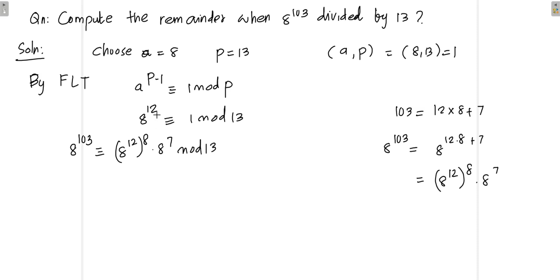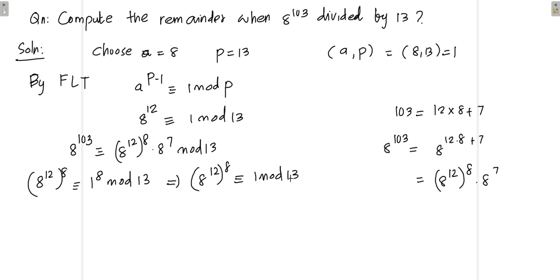Now 8 raised to 12 is actually congruent to 1 mod 13. So 8 raised to 12 the whole raised to 8 is congruent to 1 raised to 8 mod 13, which is congruent to 1 mod 13.